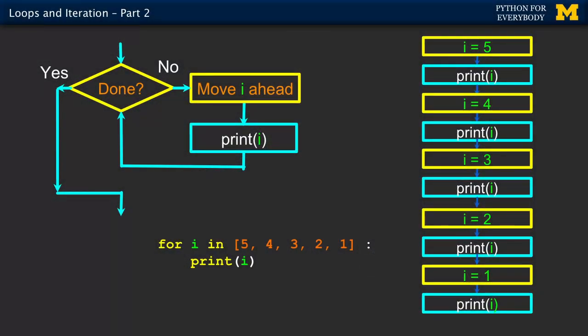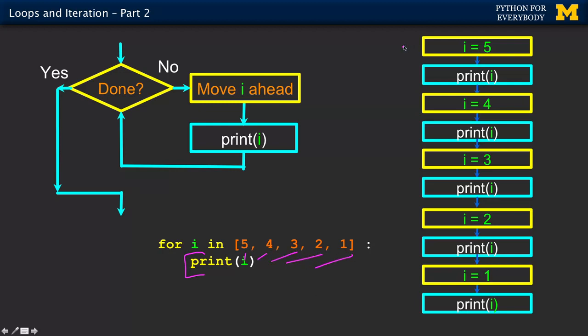So here's an interesting thing. You certainly can think of this as an iteration, but at some level, it's really just a contract that says, run this code 5 times with I taking on the value.